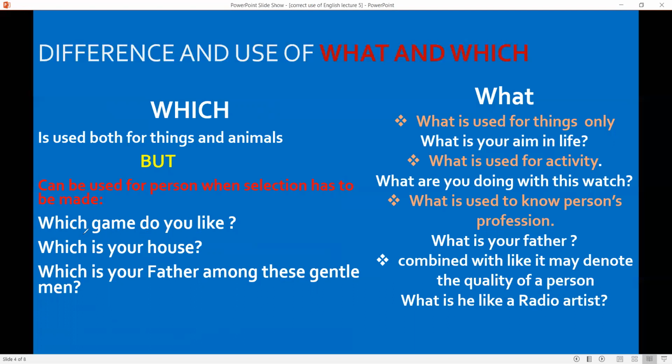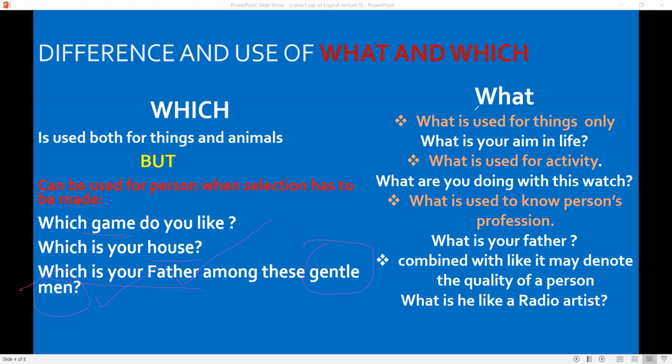Which game do you like the most? Which is your house? And rarely, which is your father. This is rare, if we are making a selection from the gentlemen who are standing there. Mostly which is used for animals and things.